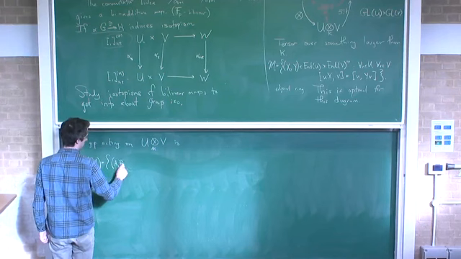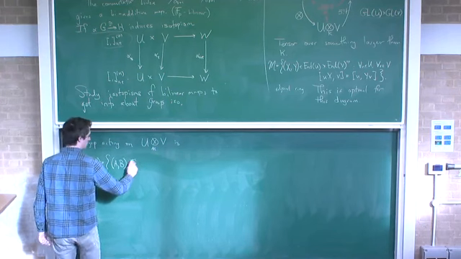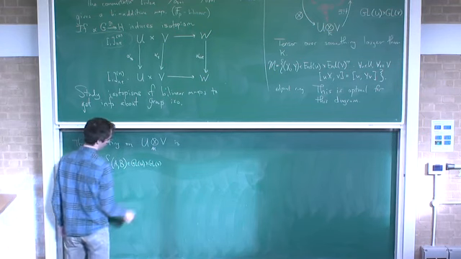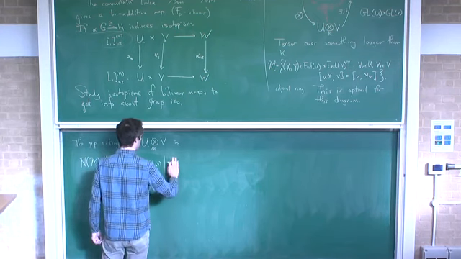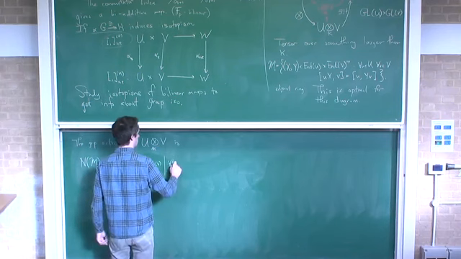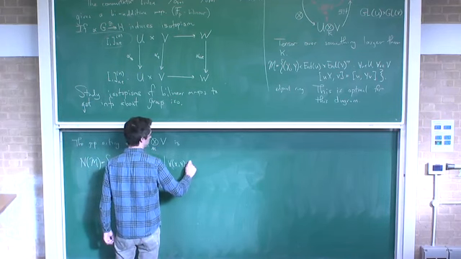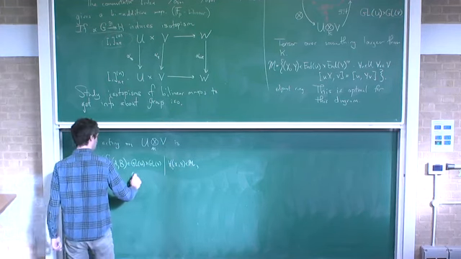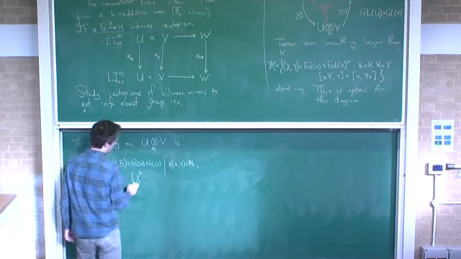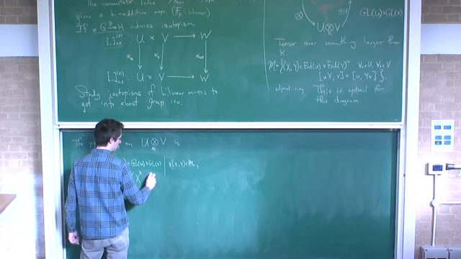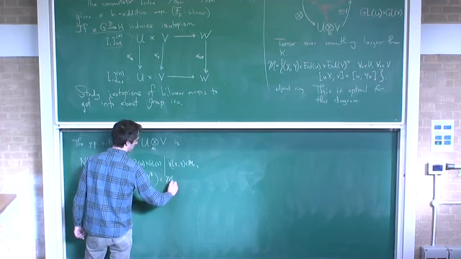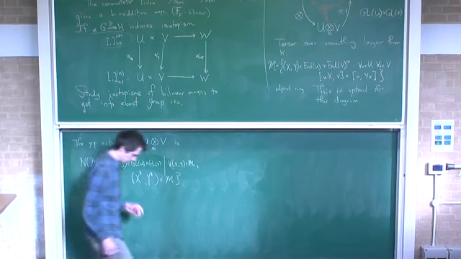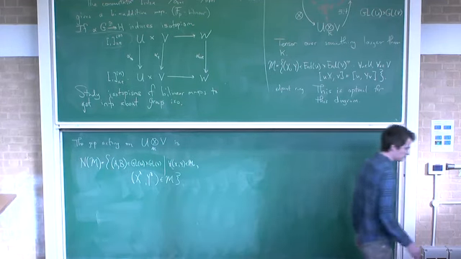These would be all the things in GLU cross GLV, such that, for all x, y in M, x conjugated by A, y conjugated by B is inside of M. So this is the group that acts on this space.